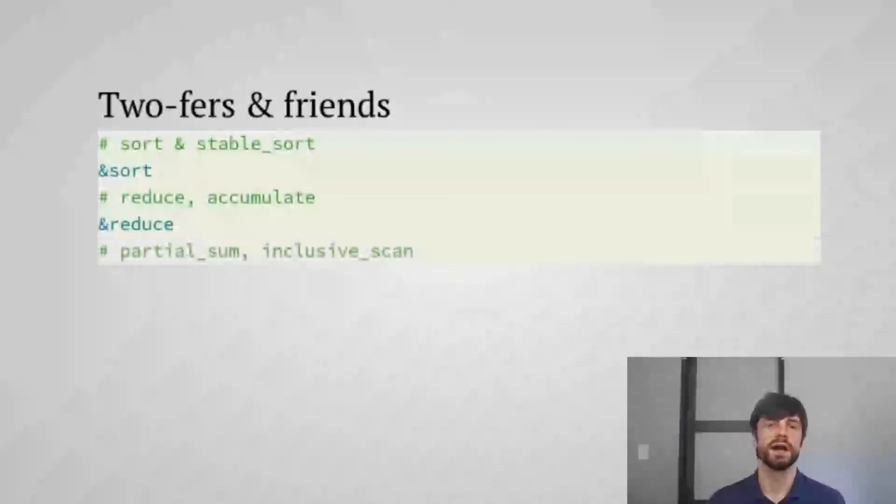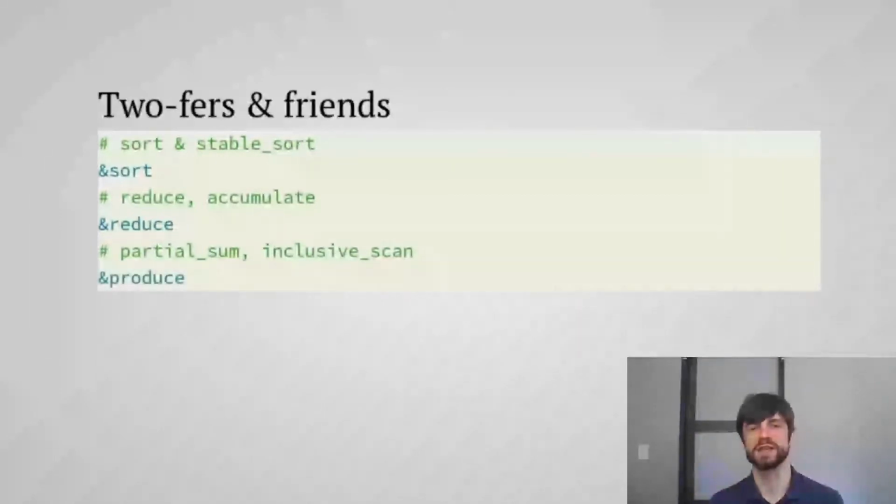Similarly, we can handle C++'s partial sum or inclusive scan with produce, or in the case of inclusive scan, produce paired with the appropriate parallel algorithm and a function that can be appropriately parallelized.